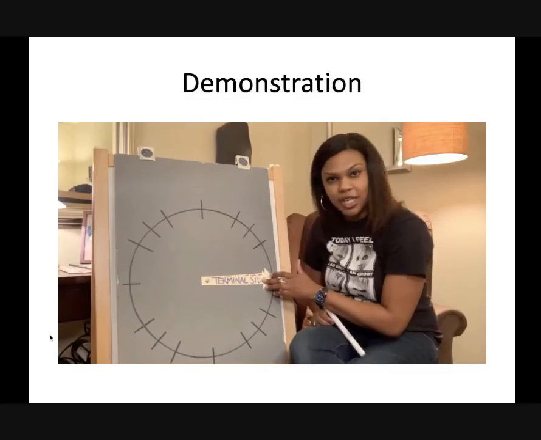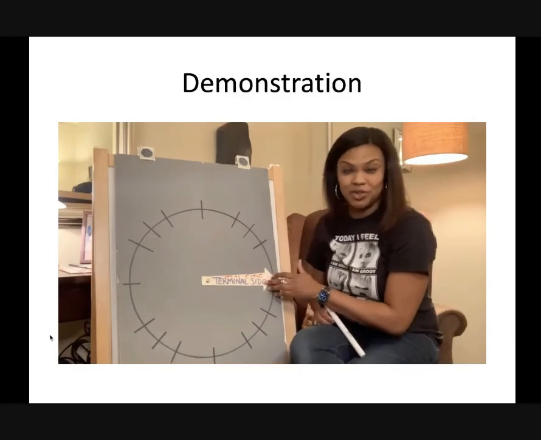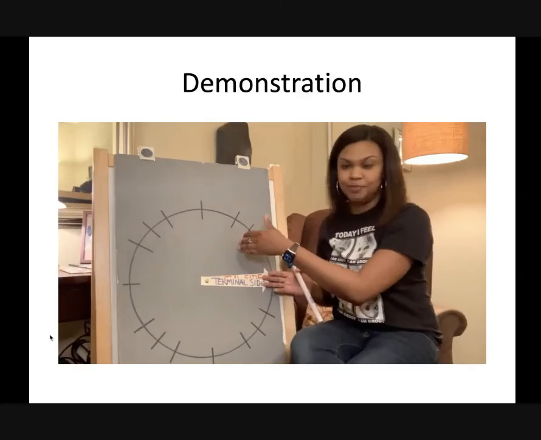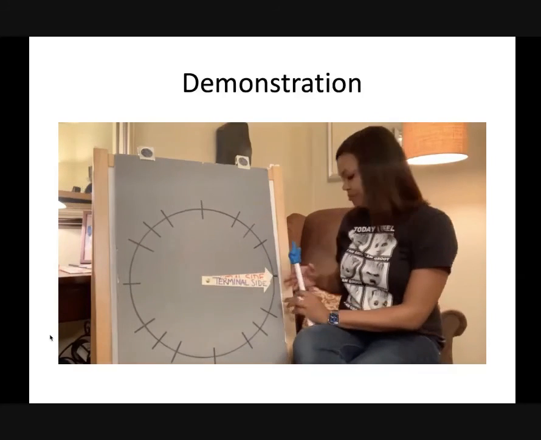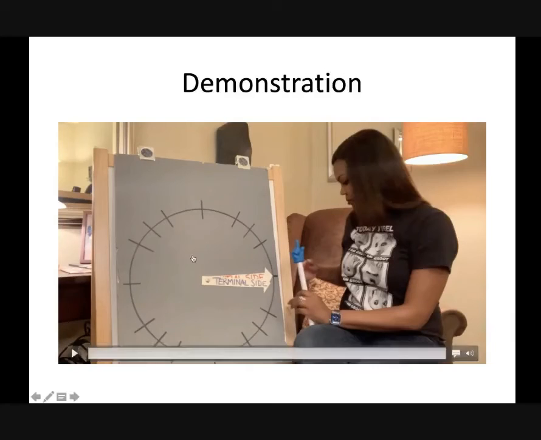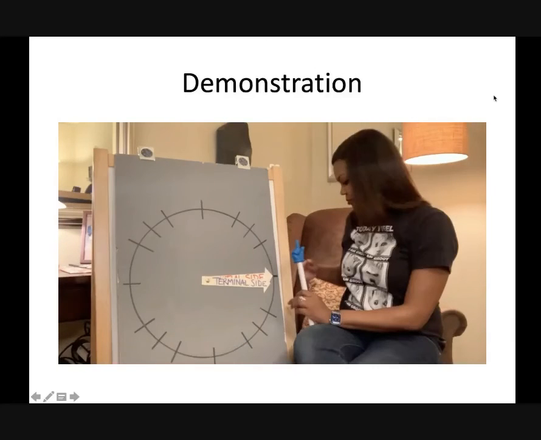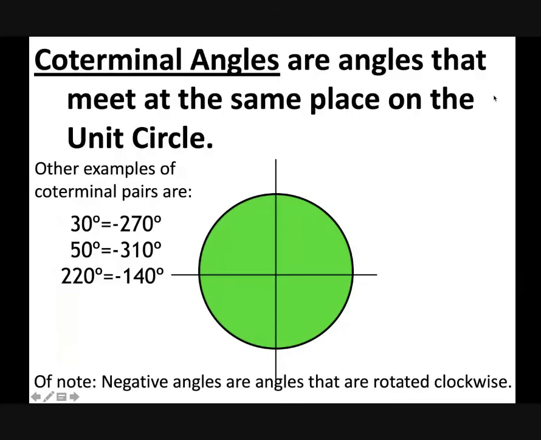The rotation of the angles corresponds to the rotation of the quadrants. Quadrant 1, quadrant 2, quadrant 3, and quadrant 4. Coterminal angles are angles that meet at the same place on the unit circle.